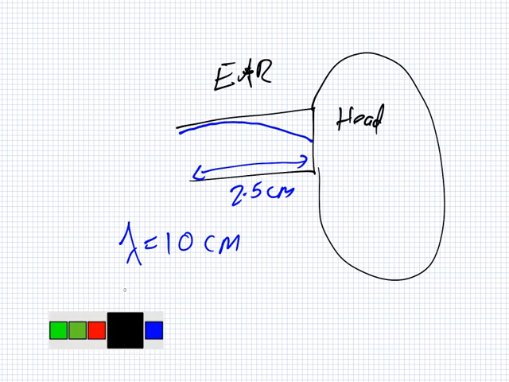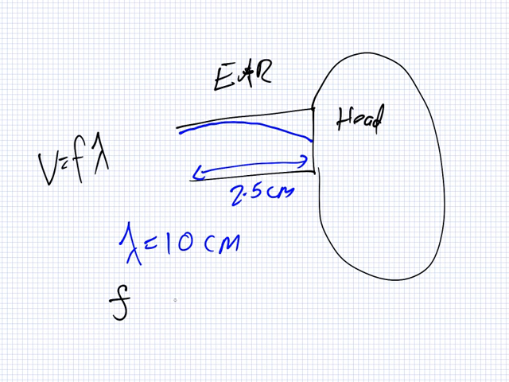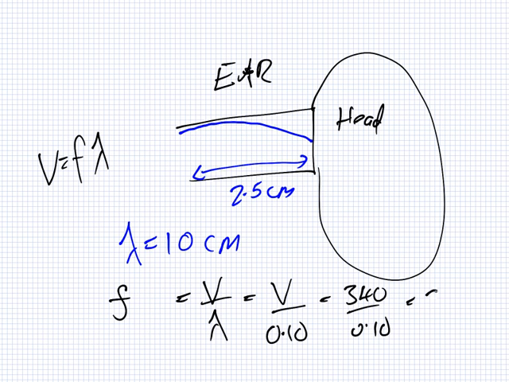So the frequency, you have v equals f lambda. So frequency is v over lambda, which is v over 10, which is 340 over 10, which is 3400 hertz. Now I don't quite think it's 340, but I think it's about 340. So if I just check the speed of sound, yeah, 340.